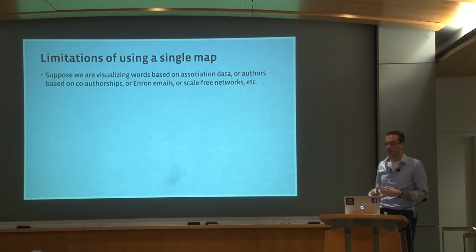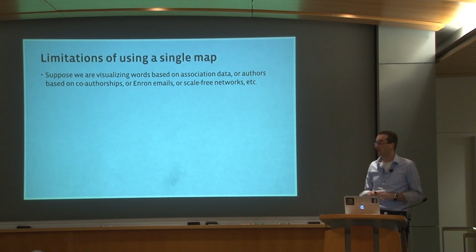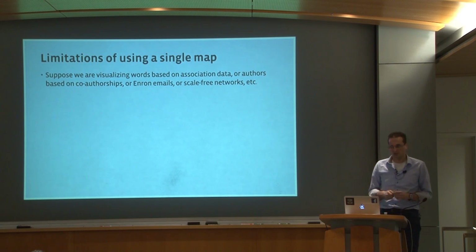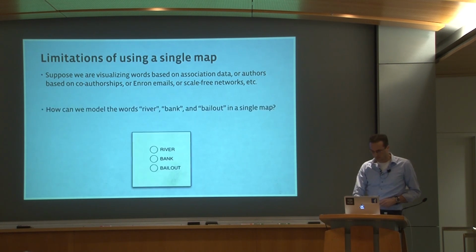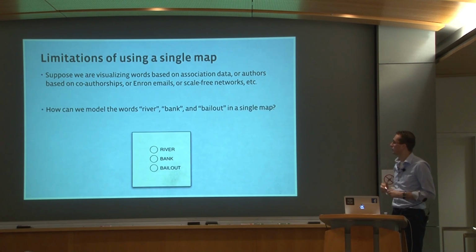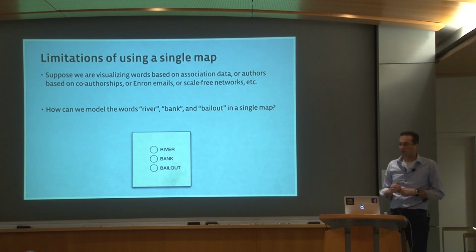Or for a while it was very popular to analyze the Enron email corpus to see who was emailing who, and so on. Or more general scale-free networks, etc. Then you run into the following problem. How can we model the words river, bank, and bailout appropriately in one map? There's basically no way of properly doing it, right?